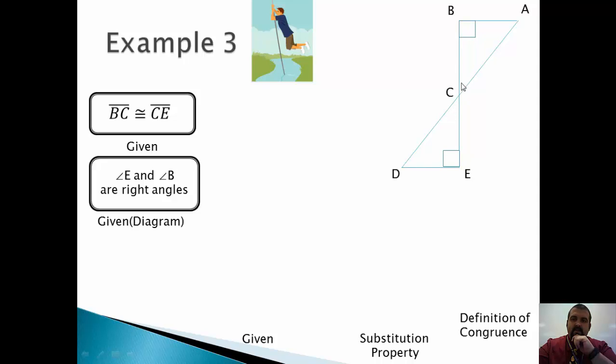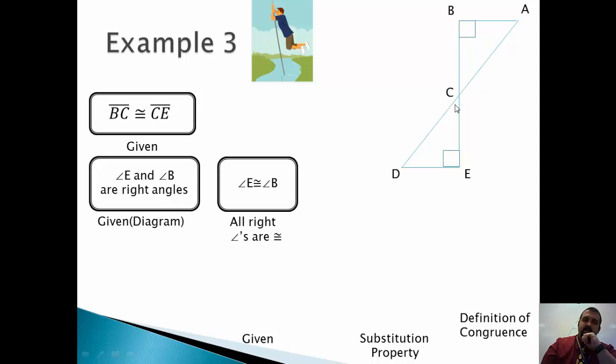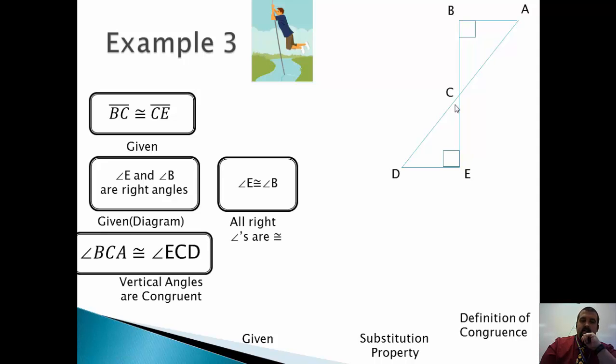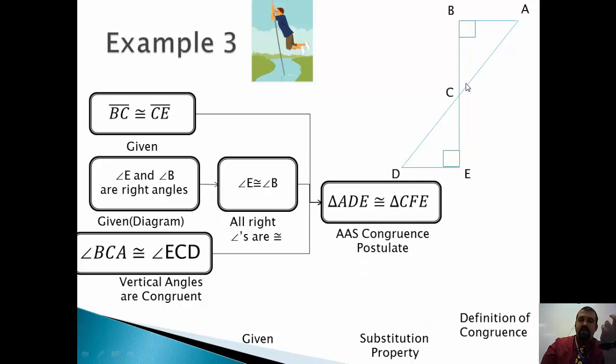Those 2 angles are vertical angles, so don't they have to be congruent? Well, yeah. So these 2 angles are congruent because all vertical angles are congruent. I also know that angle E and angle B have to be congruent because all right angles are congruent. So I have angle, side, angle. I have 2 triangles being congruent by angle, side, angle.